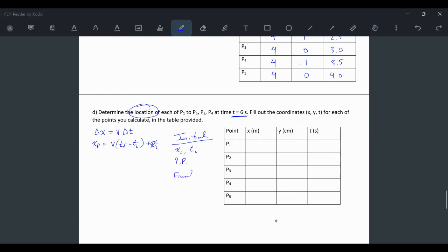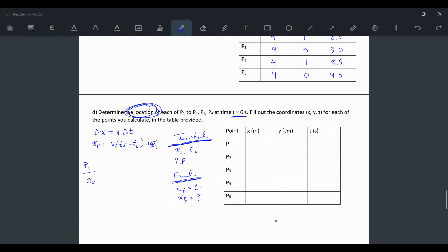And for the final, we want to find out t equals 6 seconds, and we want to calculate the position, or the location, as it says right here. Once you have this figured out in your mind, where am I getting my initial quantities from, which of the final quantities is given to me, and which one is left for me to calculate, it just becomes plug and play. So we can move forward with that.